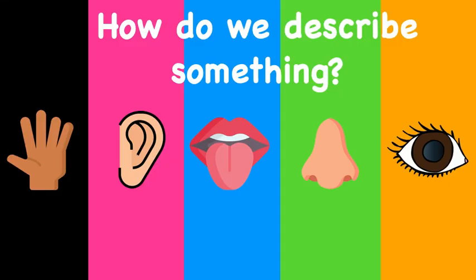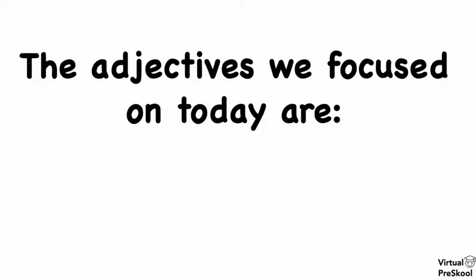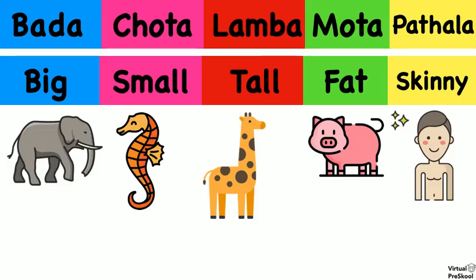By the way it feels, by the way it sounds, by the way it tastes, by the way it smells, and by the way it looks. The adjectives that we focused on today are big, small, tall, fat, and skinny. Big is bada, small is chota, tall is lamba, fat is mota, and skinny is patla.